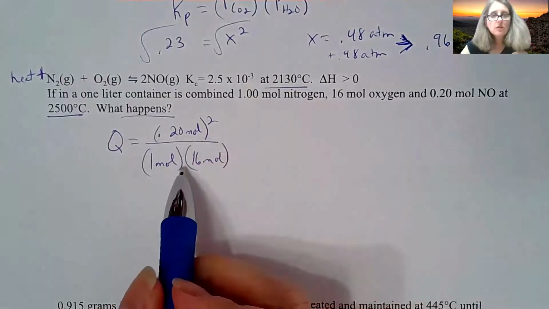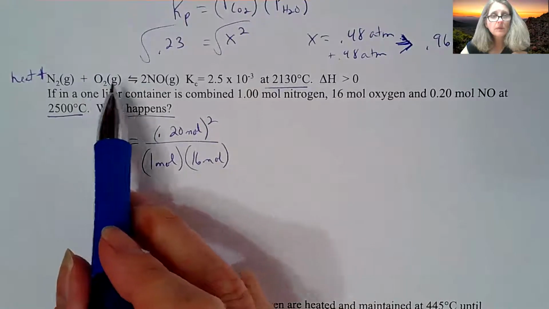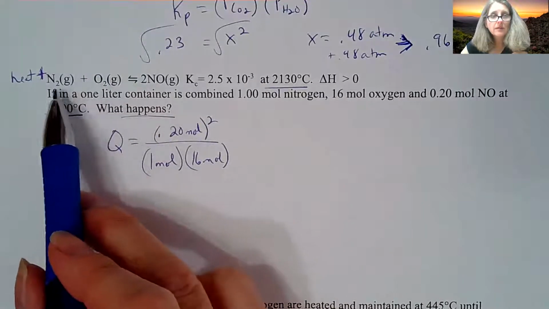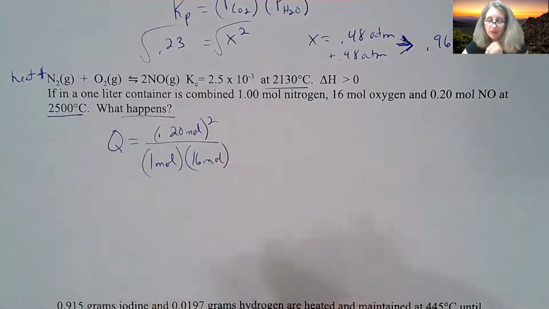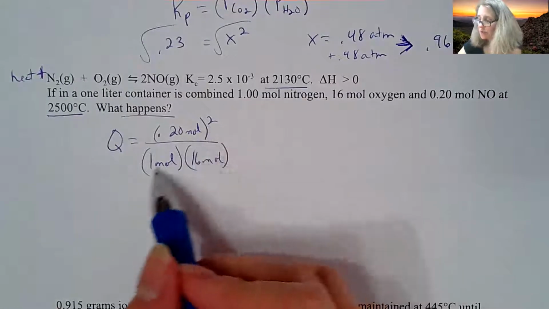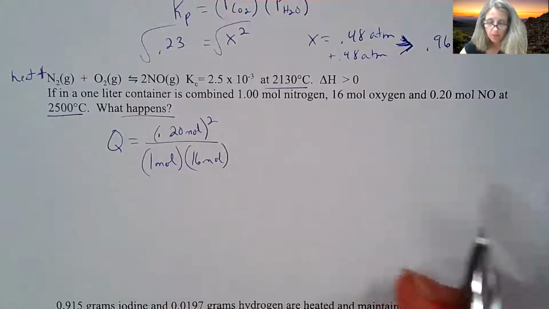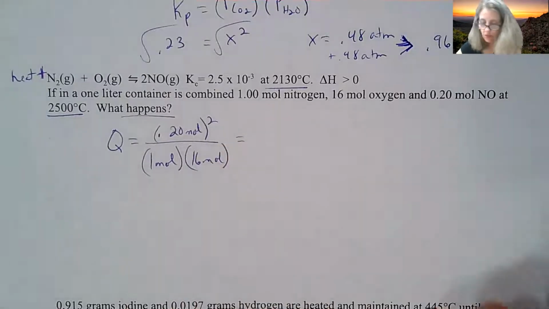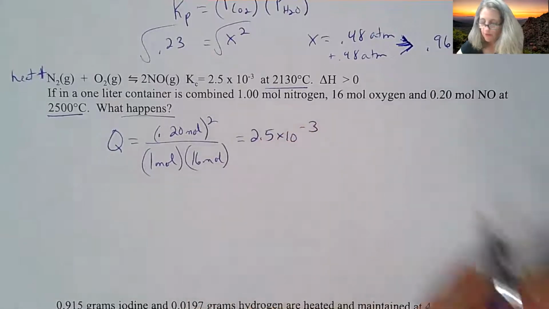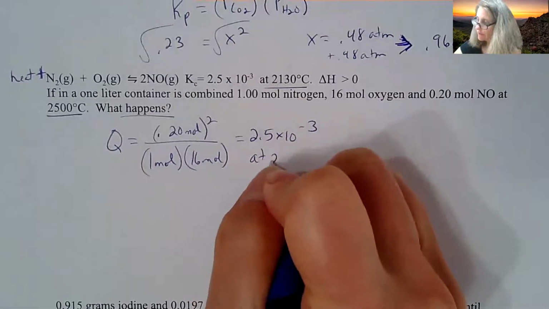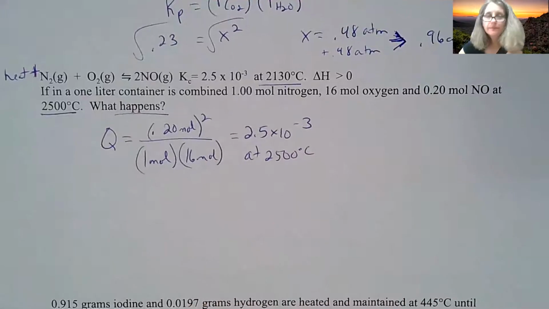Now the reason I could do that is because I have equal amounts of reactant in terms of number of moles as products. So because of that, I could assume that these are essentially concentrations in terms of my Q value. So it comes out to be 2.5 times 10 to the negative third at 2500 degrees Celsius.